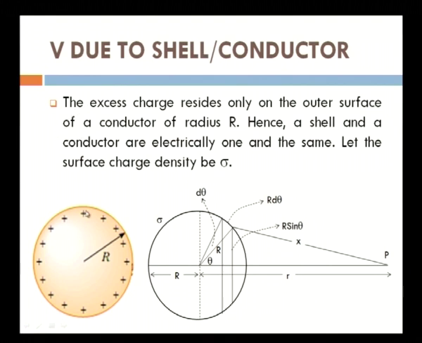So, here we have taken a conductor which is of radius r, the excess charge resides only on the outer surface. Hence, it can be even called as a shell, charged shell. So, the charge is absent inside, it is only on the outer surface. We are going to find out what is the potential due to this kind of charged shell at points outside, inside and on the sphere.